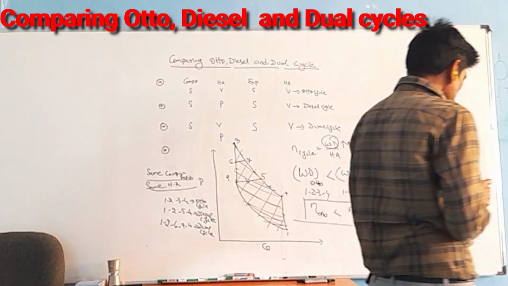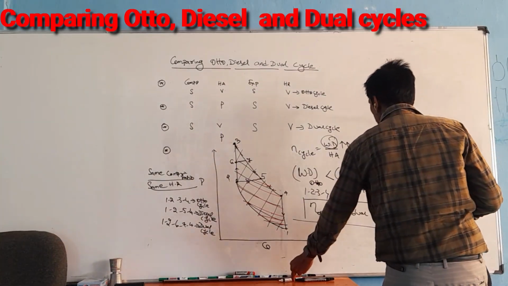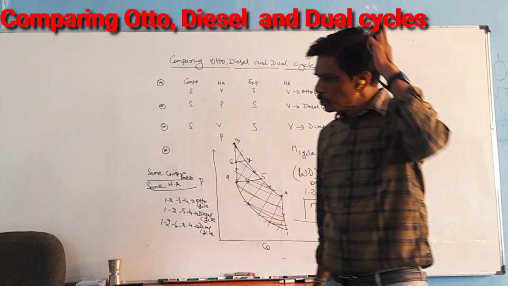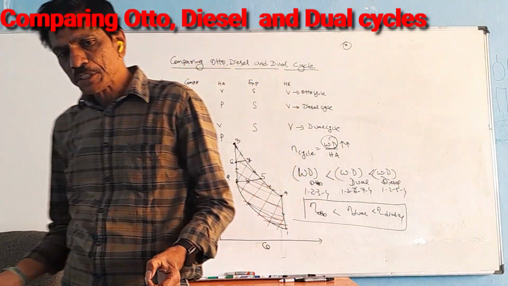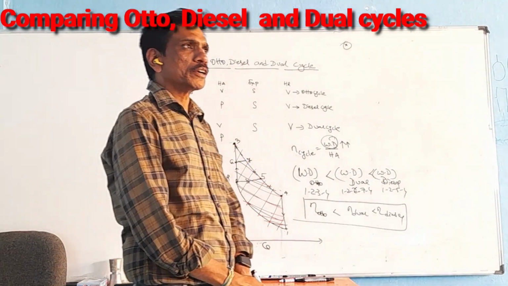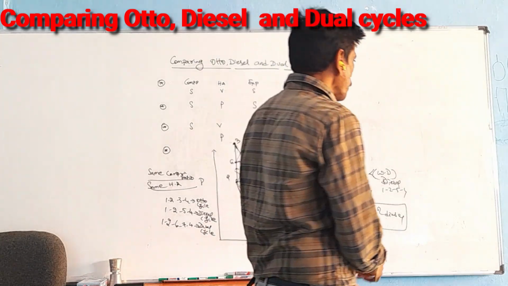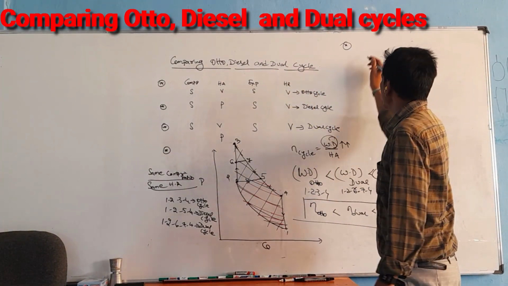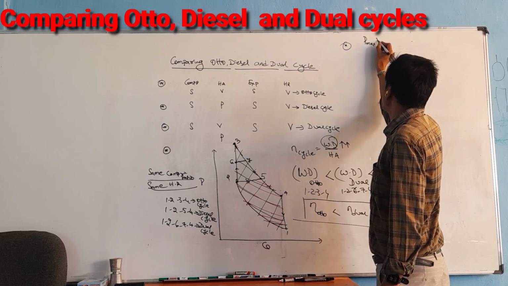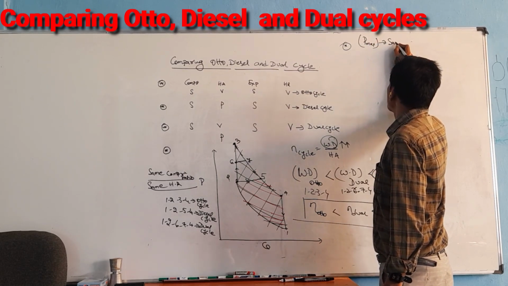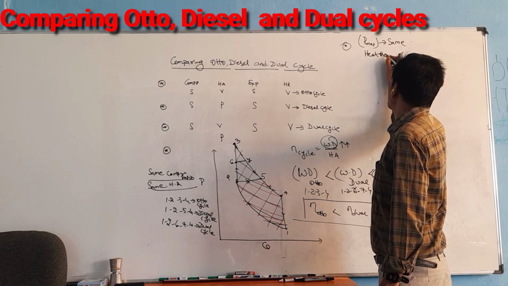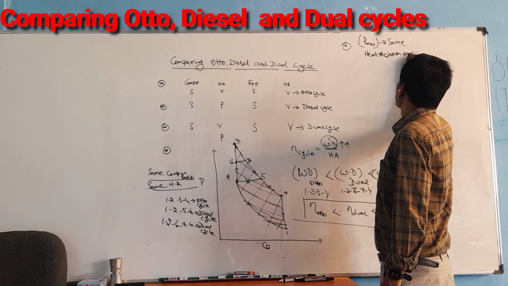There is another case, case 2. Because of the heat addition, the pressures are increased and the temperatures are also increased. For the same maximum pressure in all the 3 cycles, I maintain the maximum pressure the same, and the heat rejection is the same.